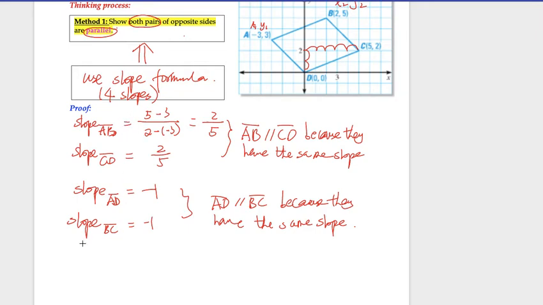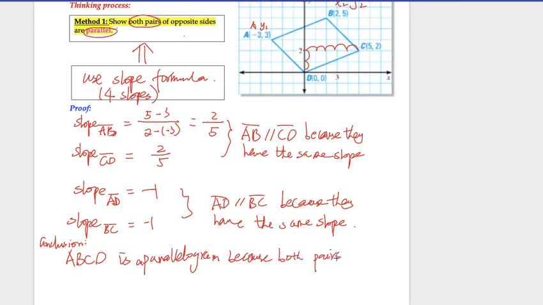Finally, I'm going to write down the final conclusion. Do not forget it. In the final conclusion, you are going to indicate what method you actually use. So we know ABCD is a parallelogram because both pairs of opposite sides are parallel.